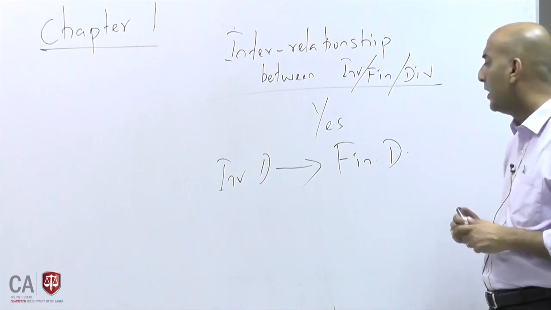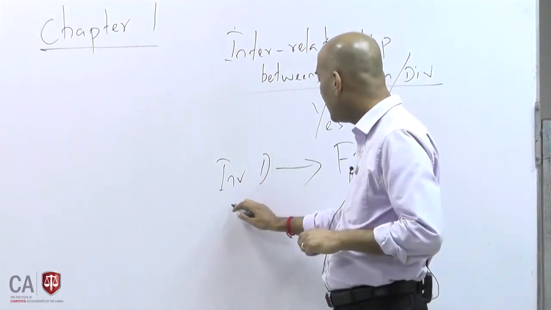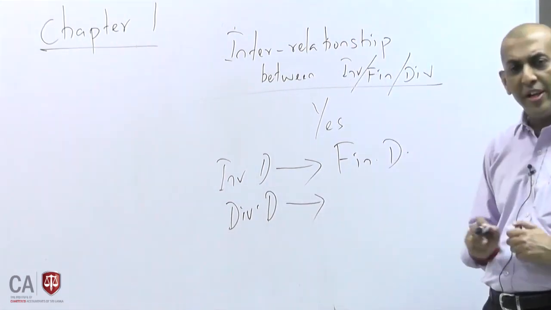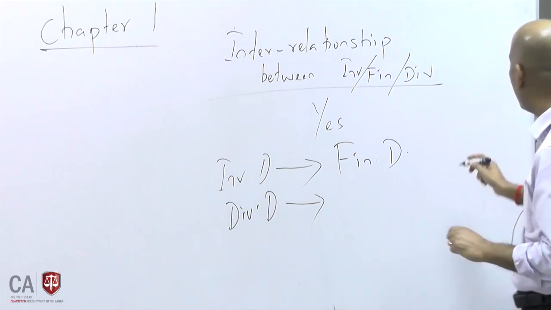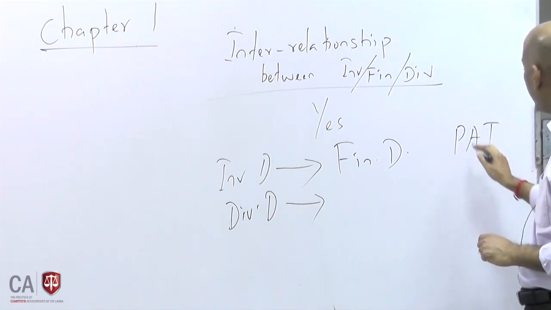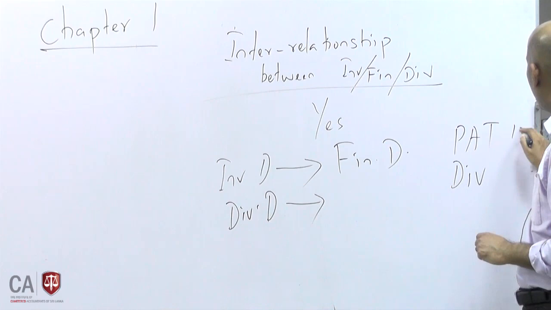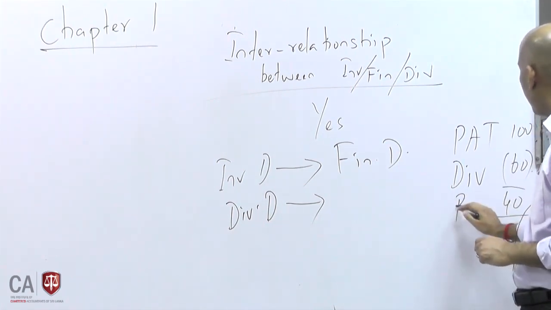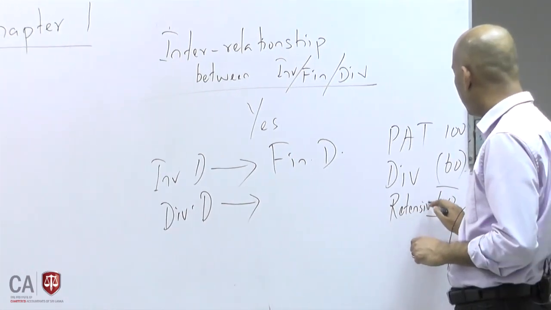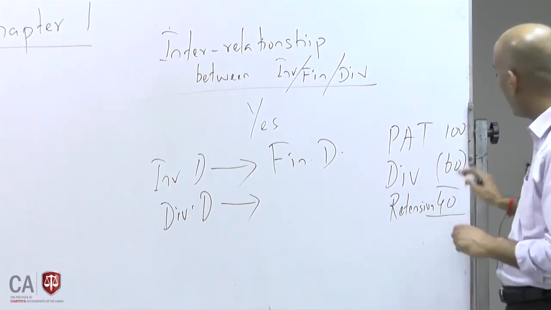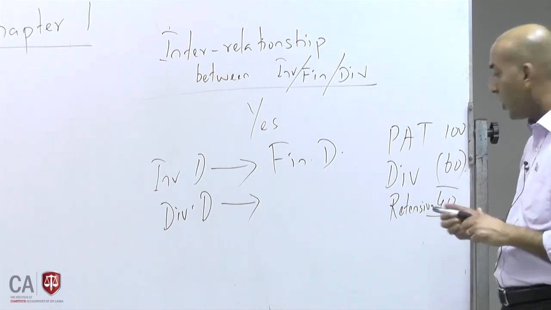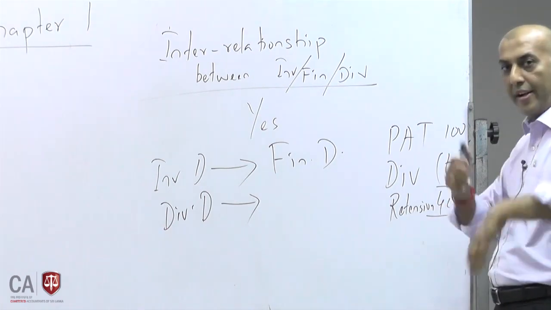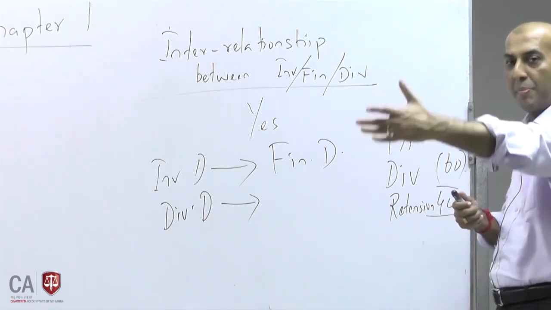So it's a link. Then if you decide on how much dividend to be paid, say my profit after tax is 100 million, and dividend is 60 million, then you are left with 40 million. This is your retention. When I retain 40 million, I will retain it for my business or investment purposes.